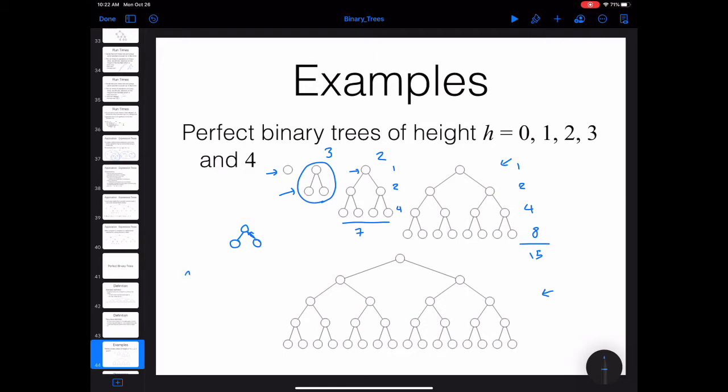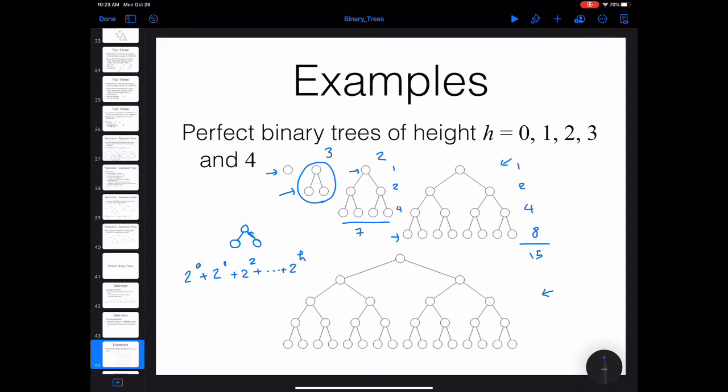I need one node at height 0, then how many nodes at height 1, how many nodes at height 2. You can see that this is going to be all the powers of 2 from 0 to the last level, which is at height h.